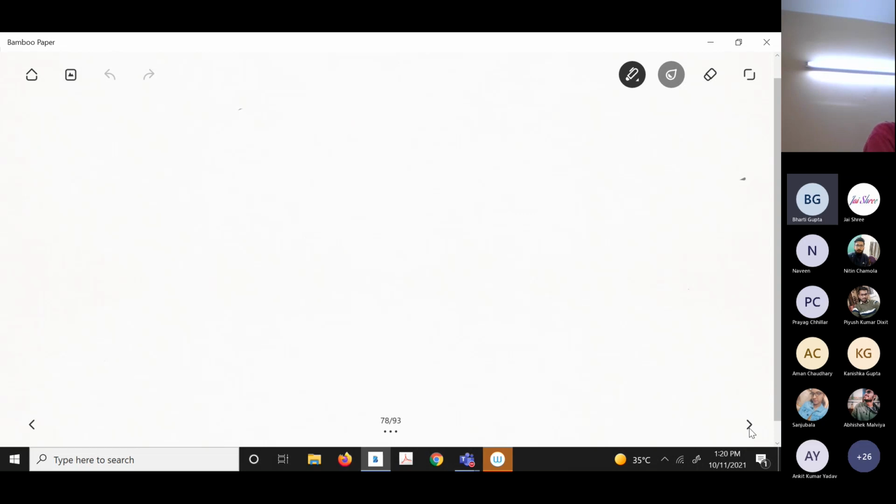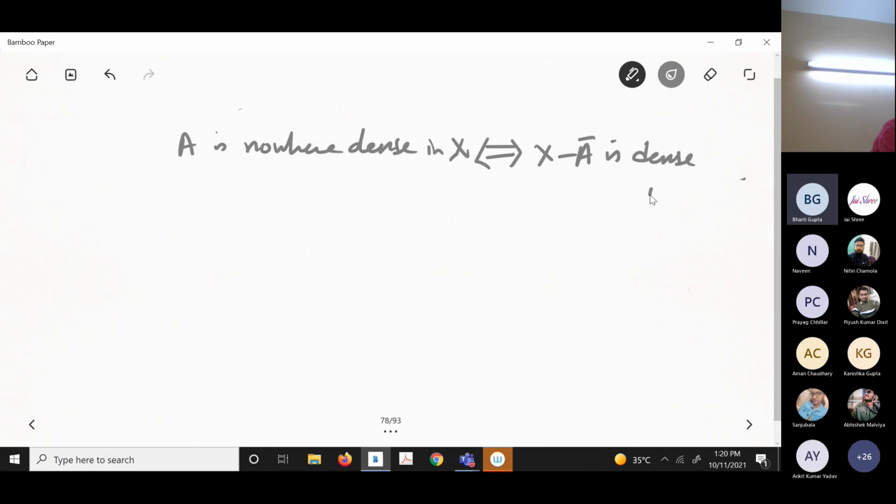Actually, you don't right now need C, but you can prove that A and B: A is nowhere dense in X if and only if X minus A bar is dense in X. Actually, I asked a related problem in the minor.